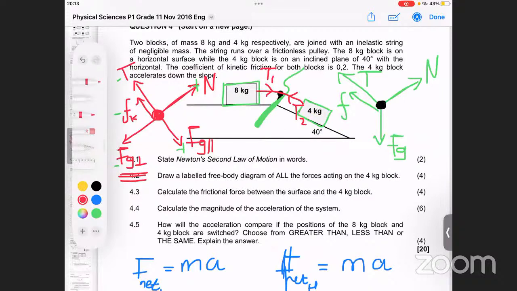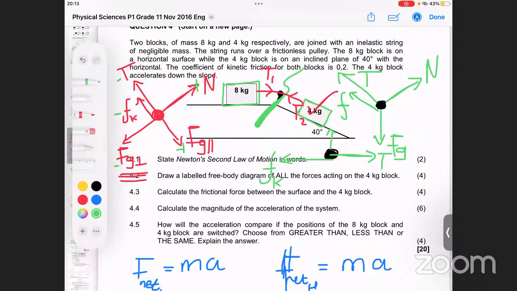So we've already done a labeled free body diagram for that. We now need to do it for the 8 kg. Very quickly, let's do it. So you've got that 8 kg. We have friction in that direction, and towards the right, it is just the tension that we have.